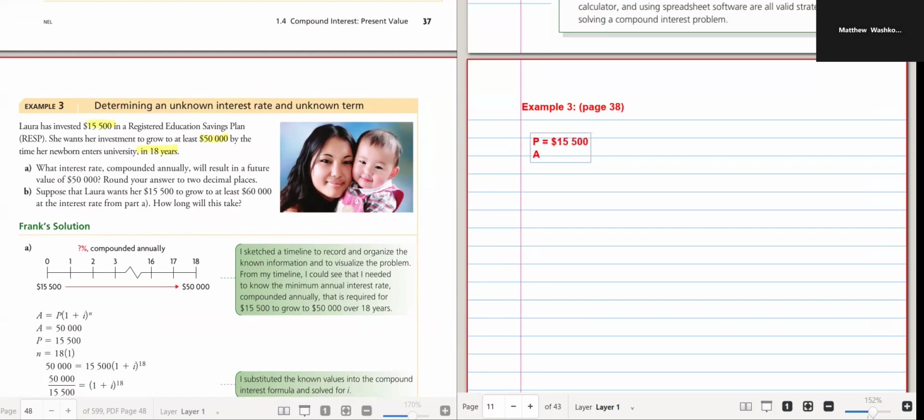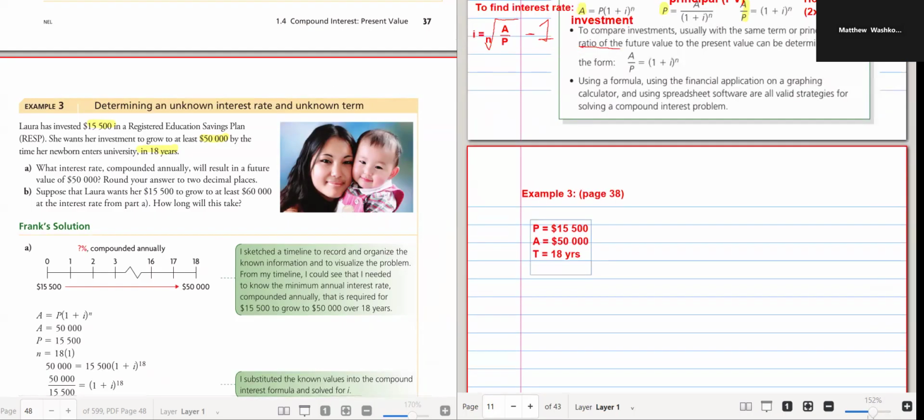She wants her investment, A, to be $50,000. And we know that the term is 18 years. So what we want to know is, what is the interest rate? We're trying to find the interest rate here.